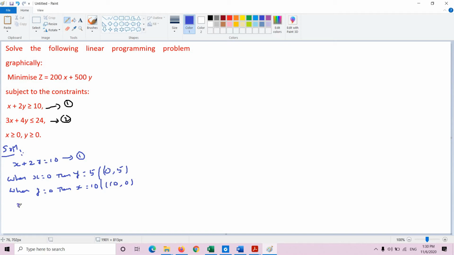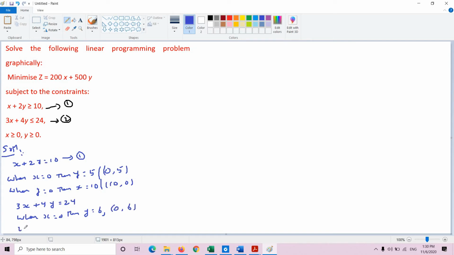Second equation is 3x plus 4y equal to 24. Now, when x equal to 0, then y equal to 6. X equal to 0, 4y equal to 24, and the coordinate point you get is 0, 6.